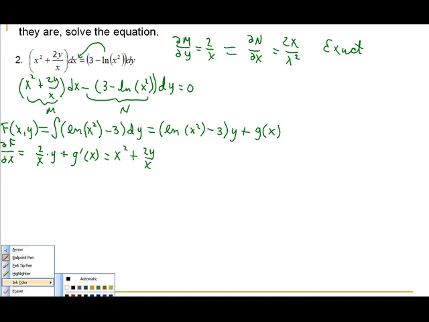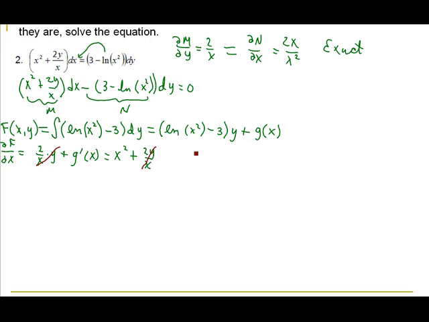And notice that the y term does cancel on both sides. This 2 over x times y is the same as 2y over x. Those would cancel from both sides of the equation to give you g prime of x is equal to x squared.